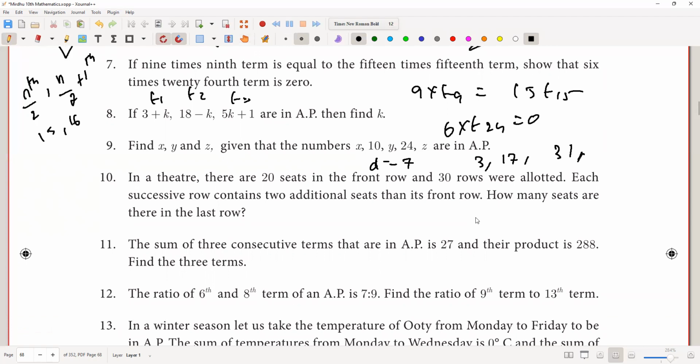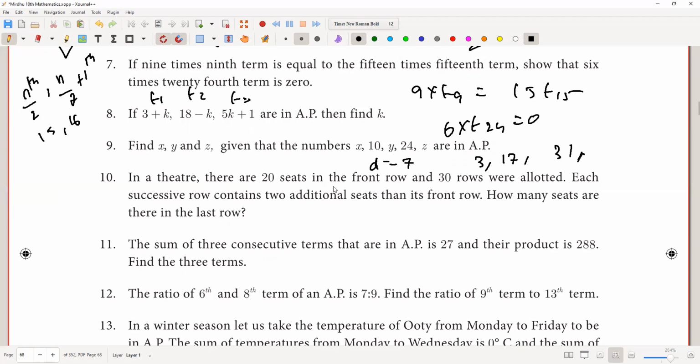Alright. Or else you can get simultaneous equations. 10 minus x equal to y minus 10, you will be getting x plus y terms. Then again, we have to equate the 3 terms, get 3 equations, solve and get the result. That's up to you how you're going to get the result.